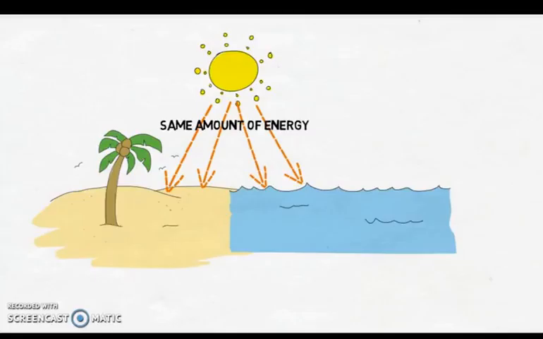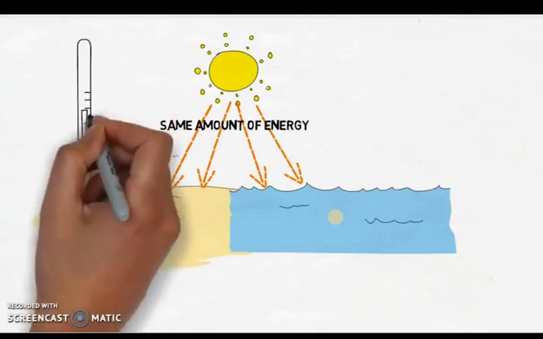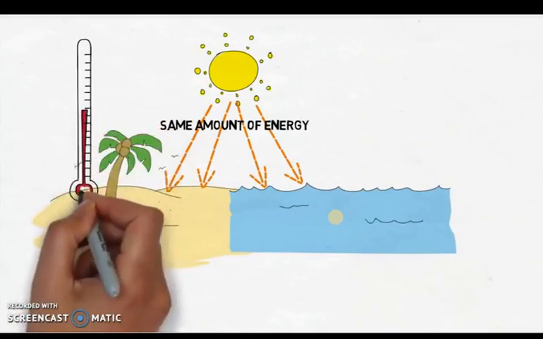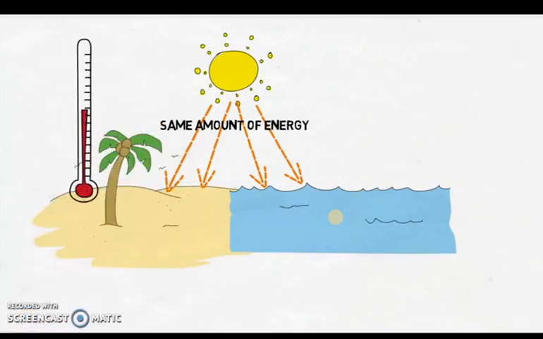So observe the image that is now on the screen, where you have the sun. The heat energy from the sun is going onto the sand. At the same time, it's going onto the water, right? But you will find that the temperature of the water and that of the sand will not increase at the same rate.